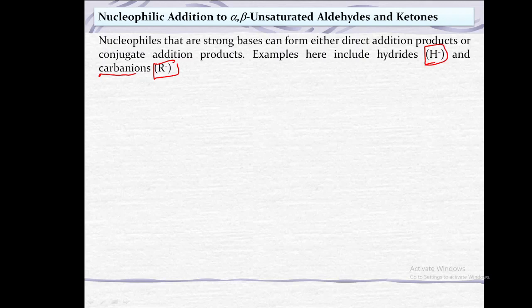Carbons that are connected to metals are always carbanions. These are considered to be very strong bases, and for this reason, when we have reactions with these, the attack tends to go direct. It's going to be a direct addition.